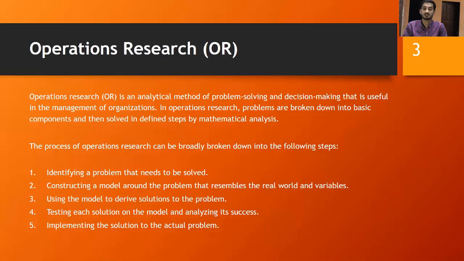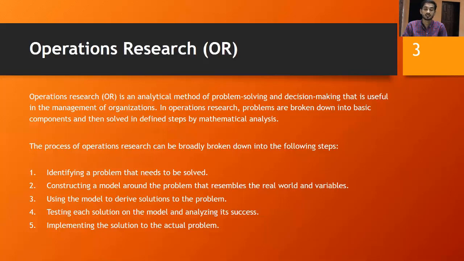So the process of operation research can be broadly broken down into the following steps. The first step is identifying a problem that needs to be solved. Step number two, constructing a model around the problem that resembles the real world and variables.